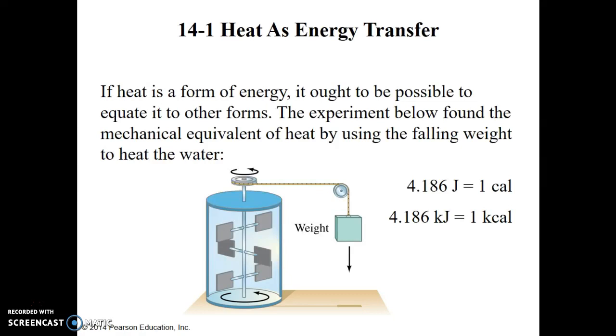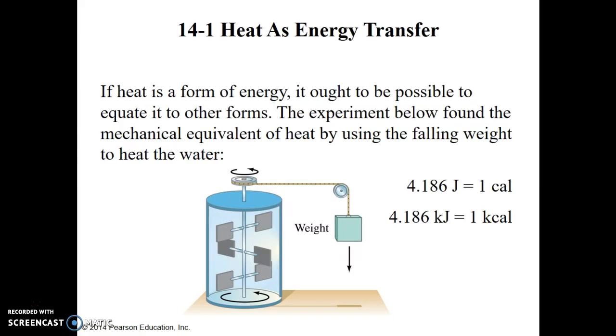What he did was he attached these paddles in water to a pulley which was attached to a hanging weight. Now, he found that if you let that weight fall a certain distance, there would obviously be a change of potential energy. But what he also found was that the temperature of the water increased by the same amount of energy.